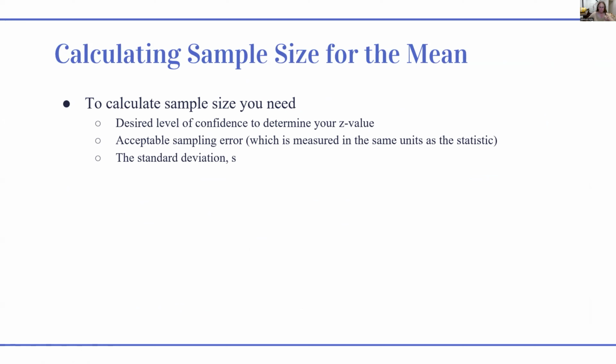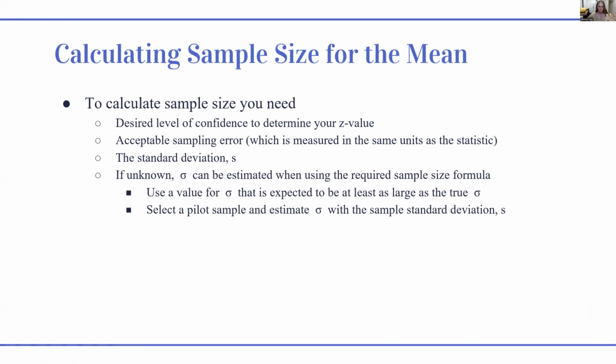Whatever the sampling error is, I want you to figure out how many people are going to vote for Barack Obama to within 2 percentage points. So you want to figure out how many people you need to sample before you can get it within those 2 percentage points. And you'll also need the standard deviation, which you can calculate. Okay?